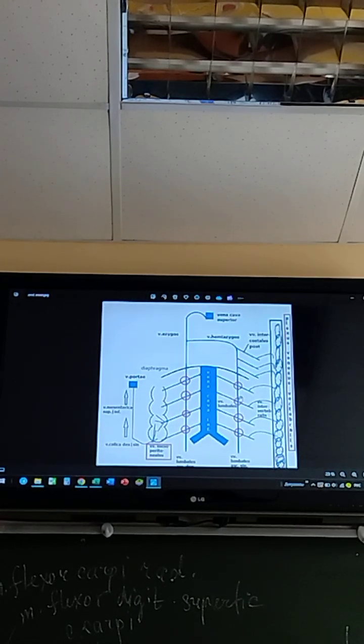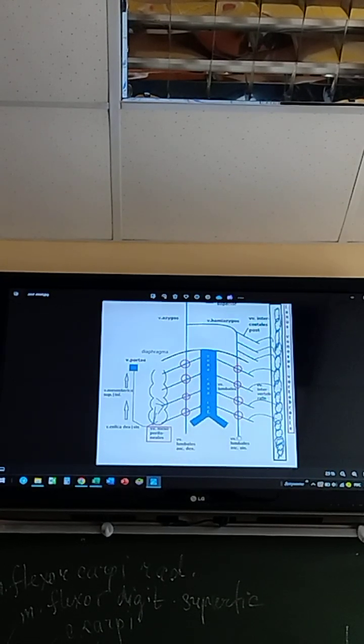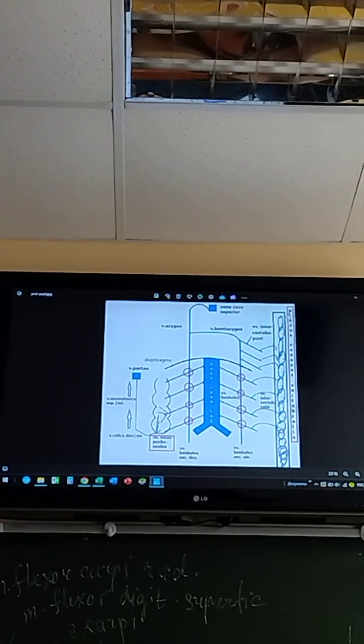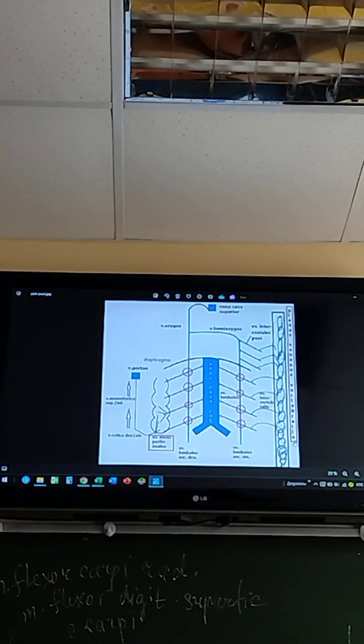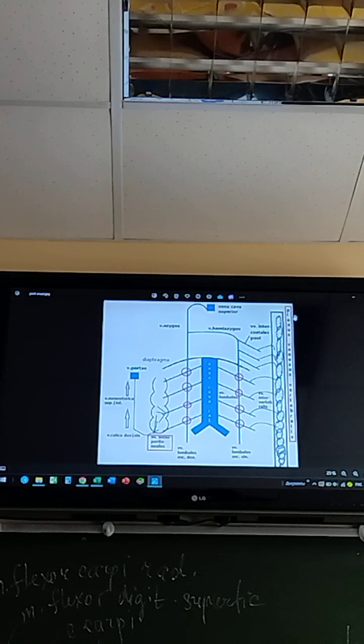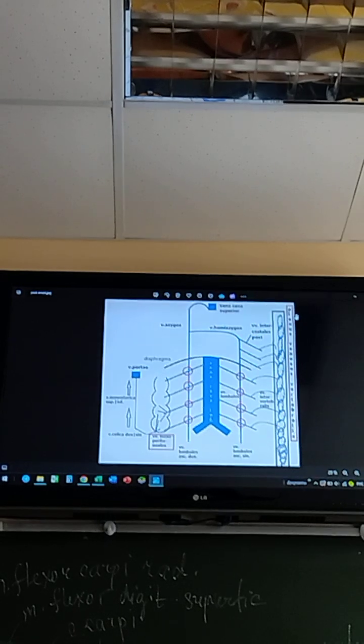First cava-caval anastomosis. Second cava-caval anastomosis is located along the vertebral column and is represented by the venous vertebral plexus. Students, you should remember, around the vertebra we have two plexuses, external and internal. Each plexus is divided into anterior and posterior. They take blood from the spinal cord, meninges, and vertebral column, in cervical, thoracic, lumbar, and sacral parts.